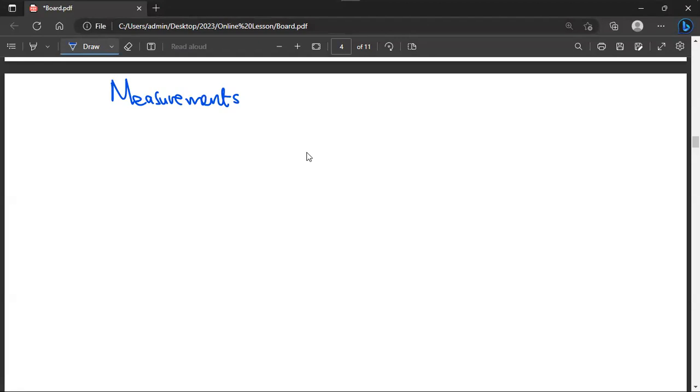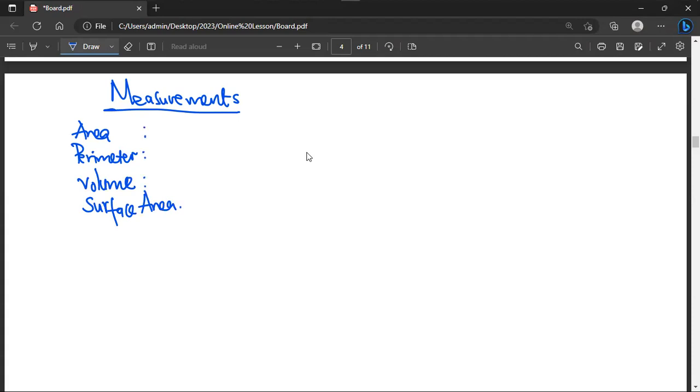When we look at measurements, we shall be expecting to look at area, perimeter, then from there volume, and surface area. In simple terms, I'll start by defining.